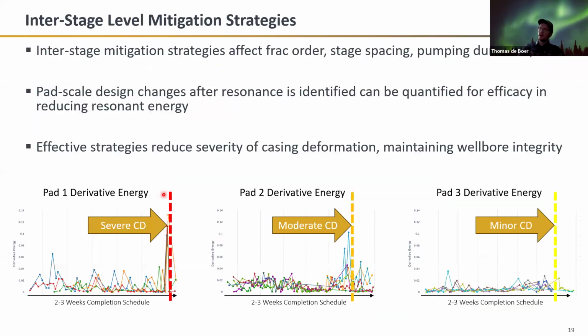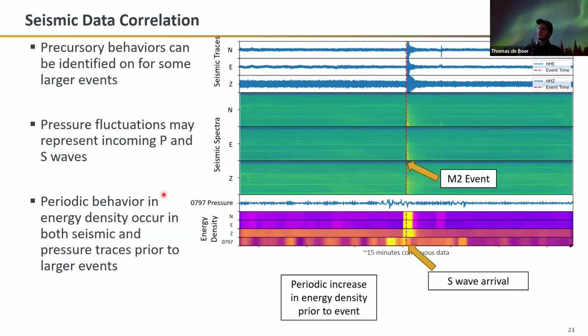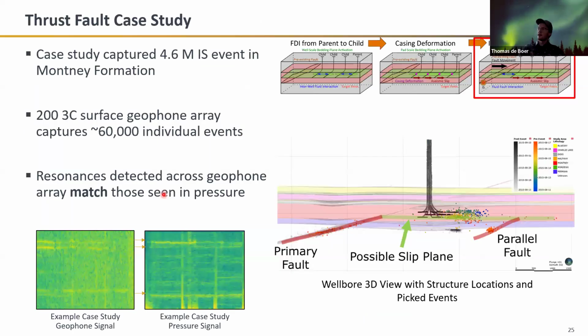Maybe I'll hop to this one. In this case study in particular, we're looking at a horizontal slip plane, which caused interactions with a large fault structure that was 1.5 to 2 kilometers away from active completions.